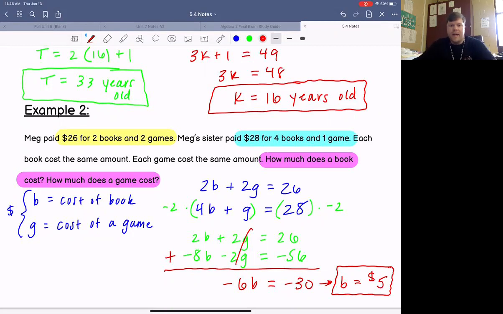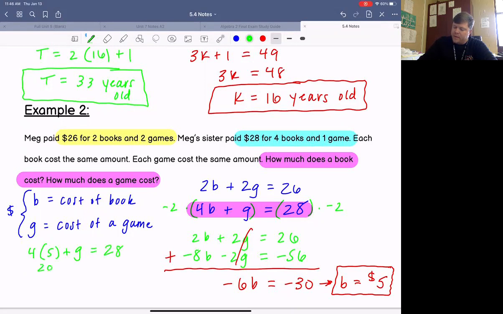All right, we can go back and find the cost of a game fairly easily. I'm going to use this equation from the original just because the G has a coefficient of 1. I know that's going to save me a step. So let me get green right here and substitute 5 for B. So it's going to be 4 times 5 plus G equals 28.